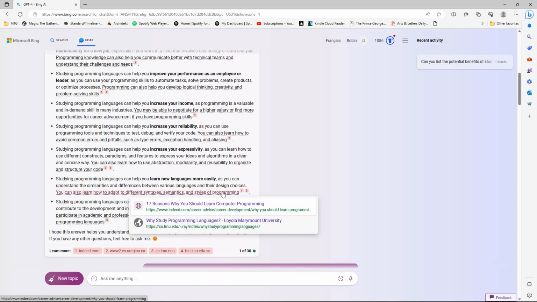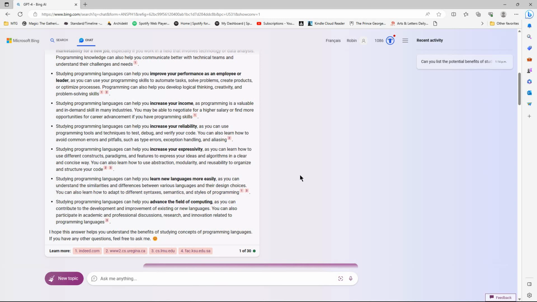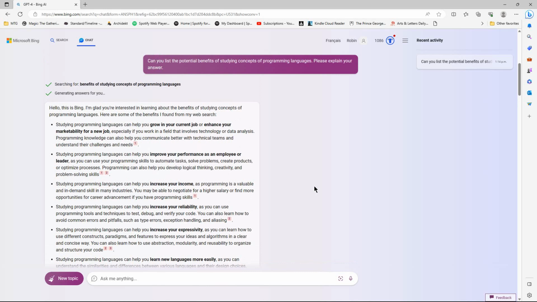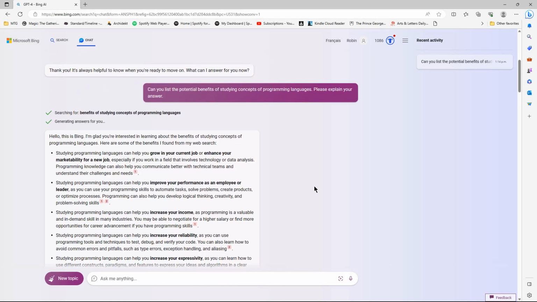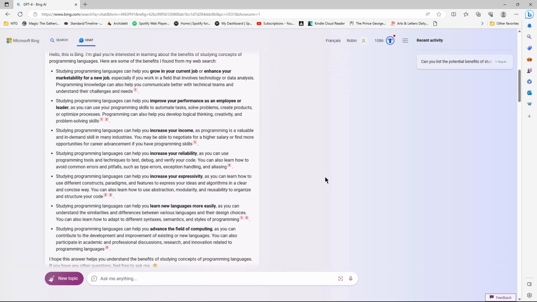So what I think might be happening here is it's obviously using this article as a reference, and I suspect there's a mixed series of answers in there, some which specifically address learning programming languages, and some of them that address learning concepts of programming languages, like the differences between them. So you get a bit of a mixed bag.